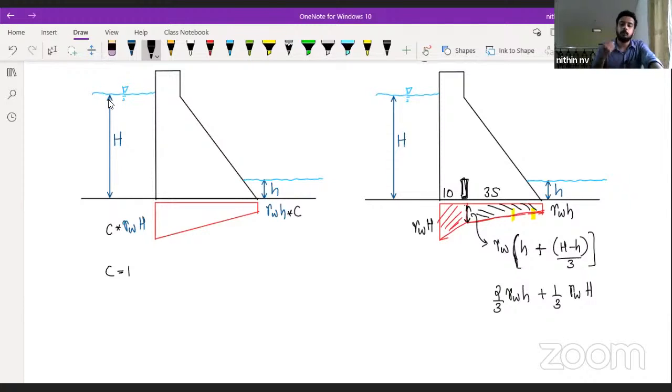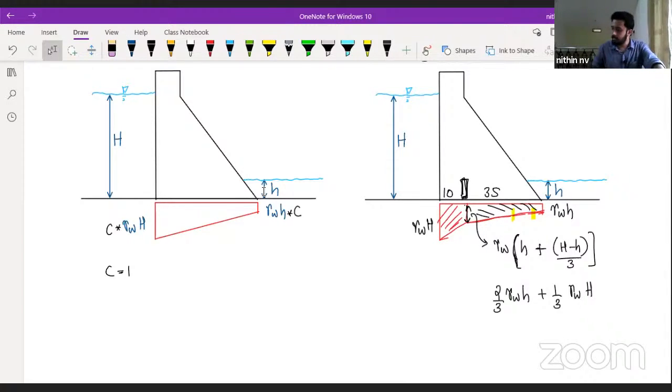So depending on the location where we give the drainage gallery. Why do we give the drainage gallery? To reduce the uplift force. Uplift force is something which will decrease the stability of the dam. Our drainage gallery is nothing but a hollow portion, actually like a room, but it will not be too big.